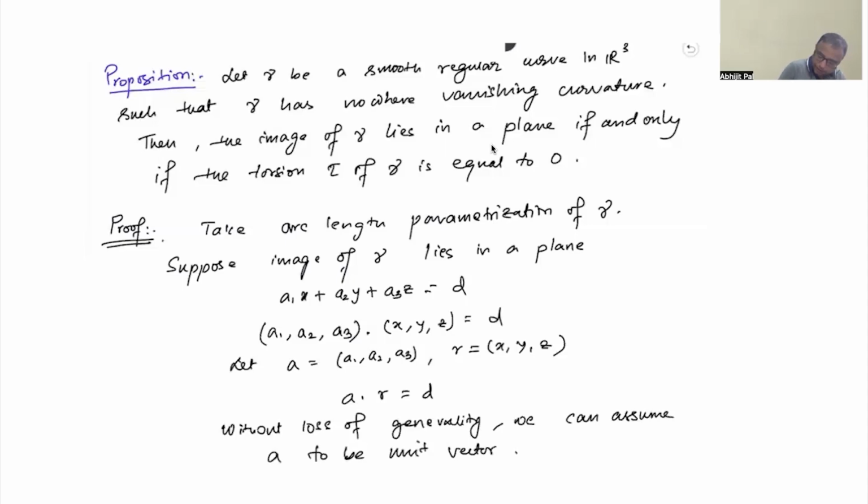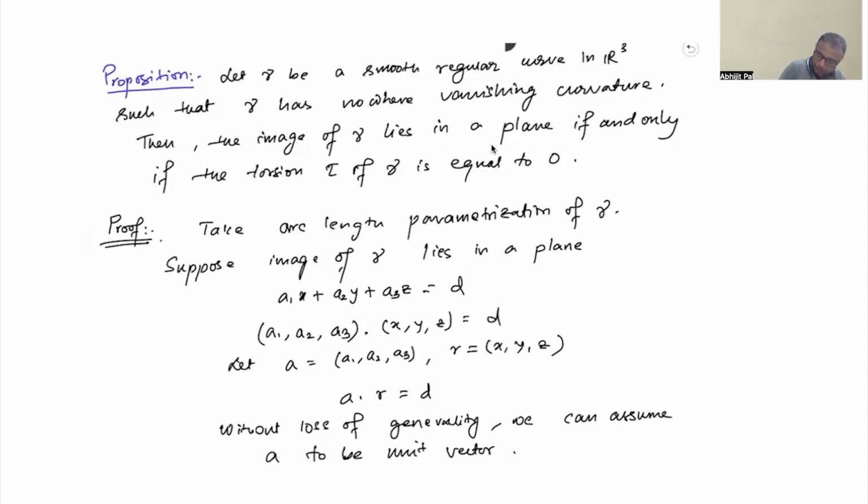Since gamma lies in this plane, we have r dot a equal to d. This means gamma of s dot product with a is equal to d for all s belonging to the domain of gamma.